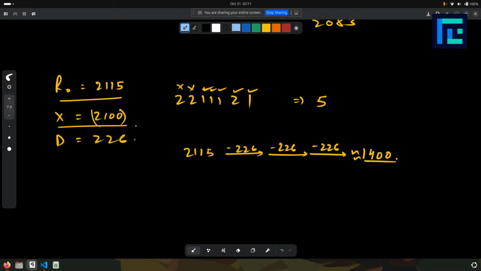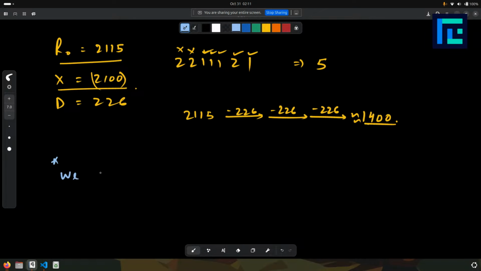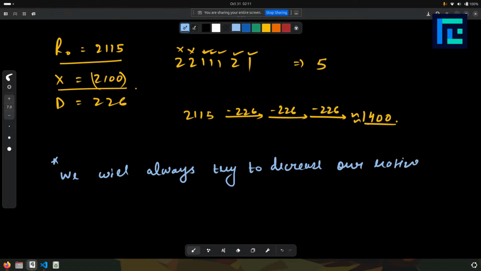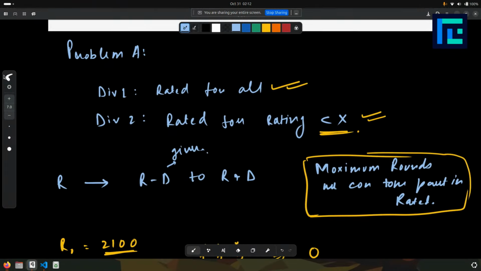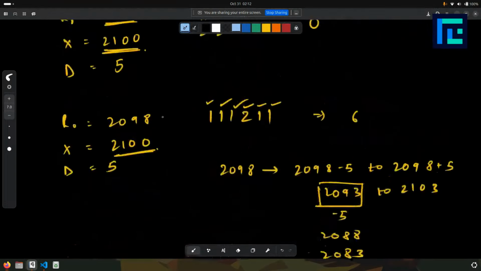So basically the thing is, we will always try to decrease our rating as much as possible. Because if we decrease our rating as much as possible, we will be able to participate in as many contests as we maximally can.